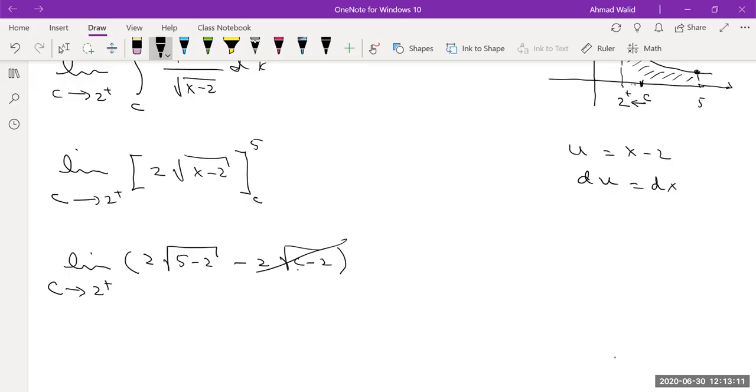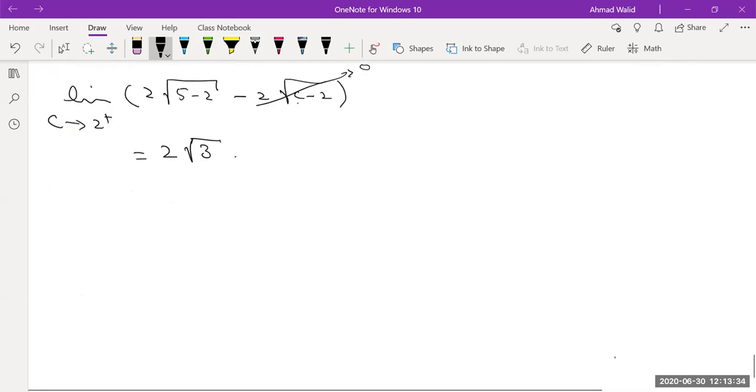This part becomes 0. 5 minus 2 is 3. That means your answer is 2 radical what? 3. Correct? This was case 2, or the second part of 7.8.